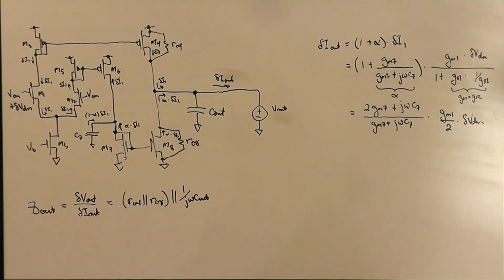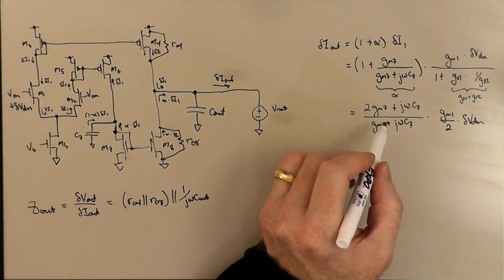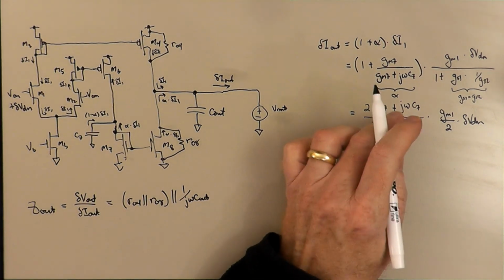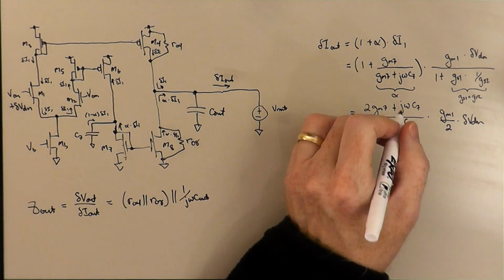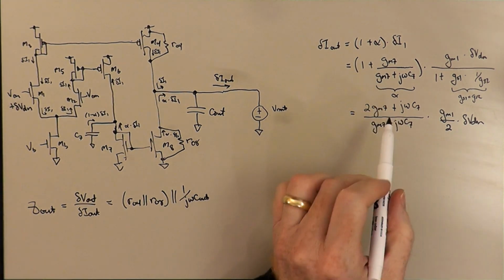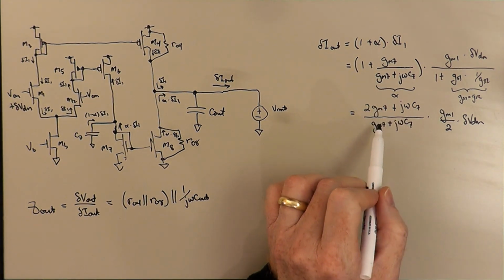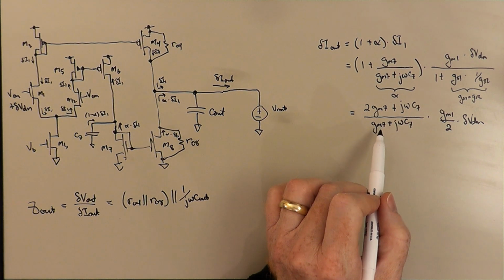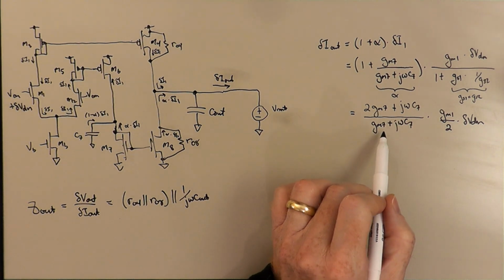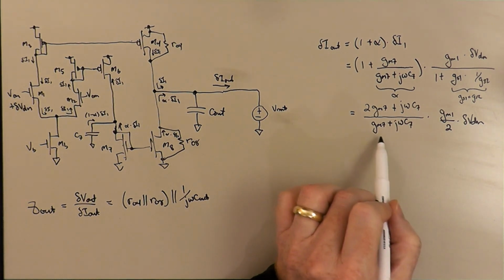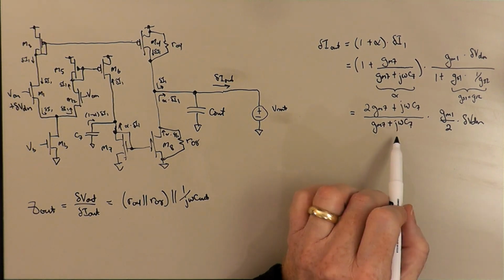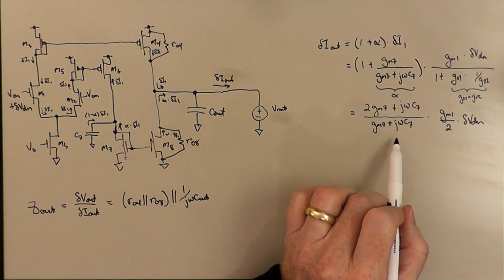And when we have a frequency-dependent polynomial upstairs or downstairs in a frequency response like this, what we should always think about doing is normalizing the constant term. So there's a polynomial in j omega, or if you're working with Laplace transforms, you would have s instead of j omega.